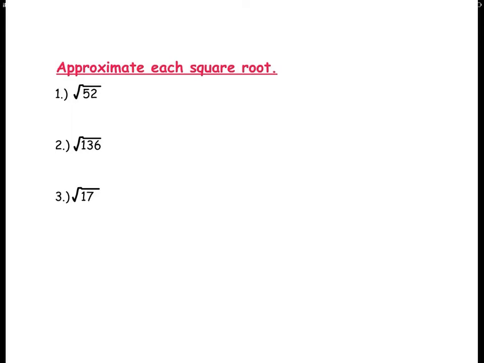So we just had two methods of estimating an imperfect square root. We can use sort of a number line idea related to the common perfect squares we learned, or we could use a calculator. Notice the directions here say approximate each square root. No calculator, so let's use what we know. Let's think. Square root of 52. What square roots do we know similar to 52?